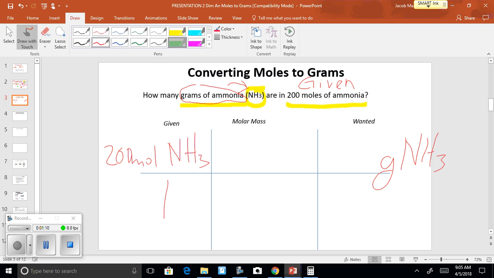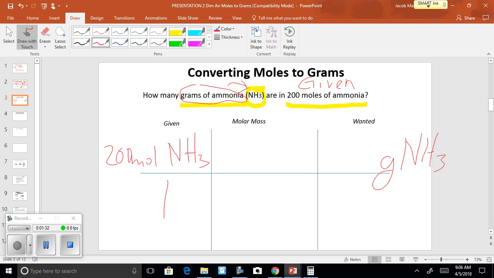So once again, let's look at our units that we have here. We're given moles of ammonia, and we want grams of ammonia. So obviously we're not given the units that we want. So what do we have to do? We have to cancel out these given units and get our wanted units.